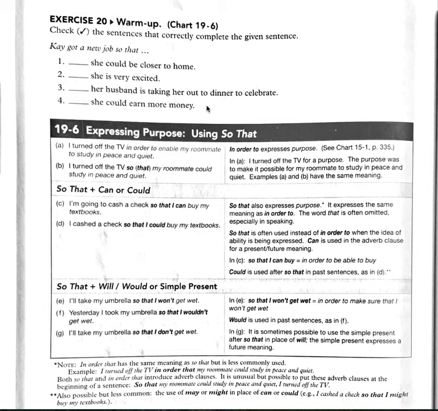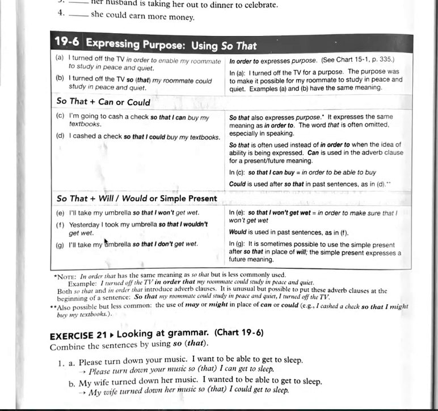Okay. So, if we look at chart 19-6, on 19-6, it says, expressing a purpose using so that. I turned off the TV in order to enable my roommate to study in peace and quiet.